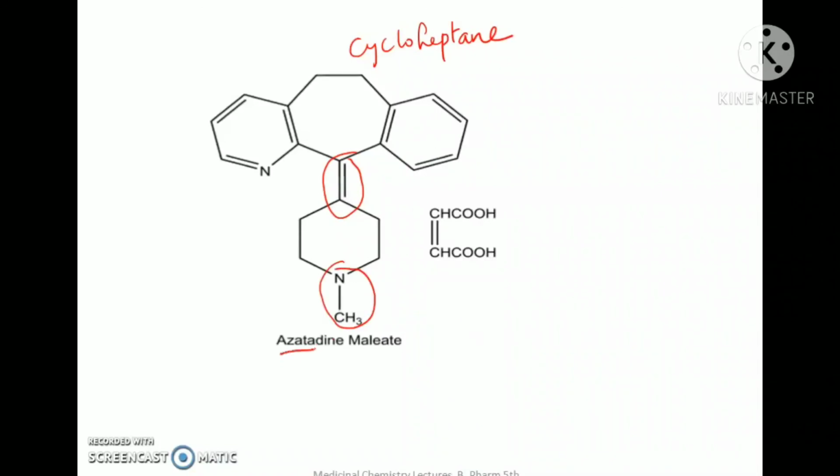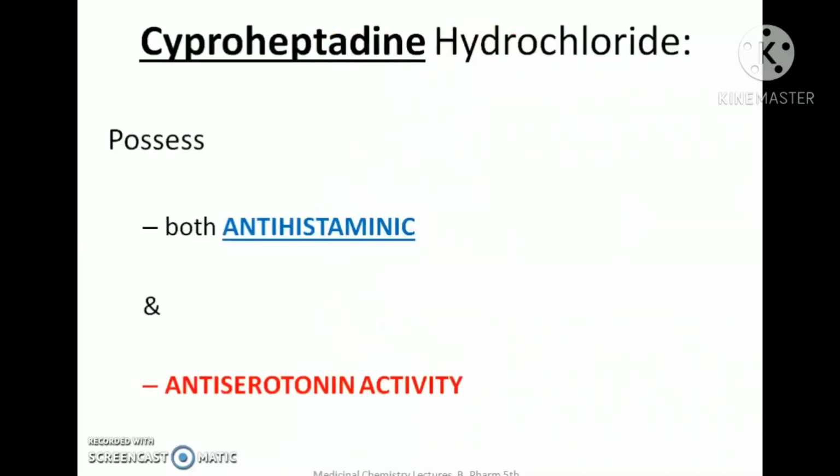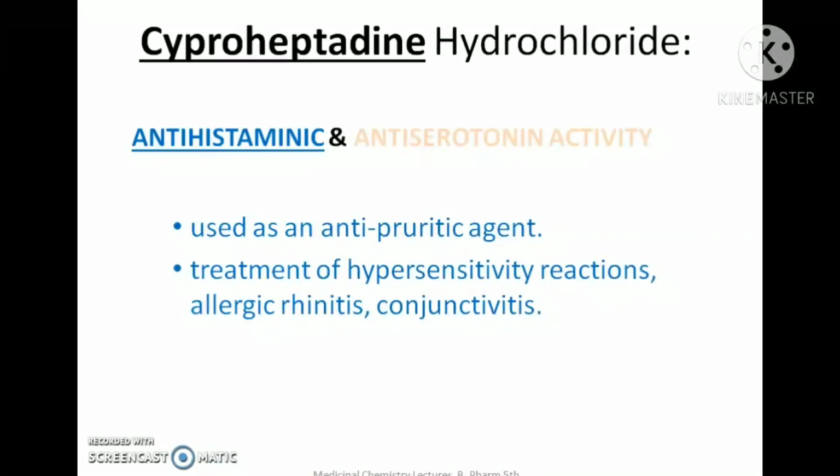Azatadine is used as its maleate salt. Coming to the uses of these agents, cyproheptadine and azatadine both possess antihistaminic activity and anti-serotonin activity. Azatadine is more potent. It is a long-acting antihistaminic agent.